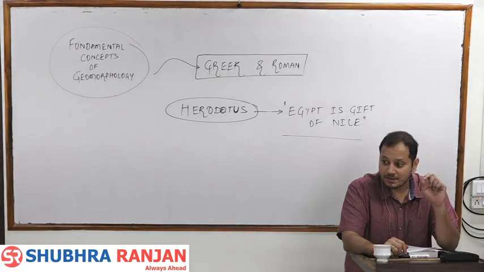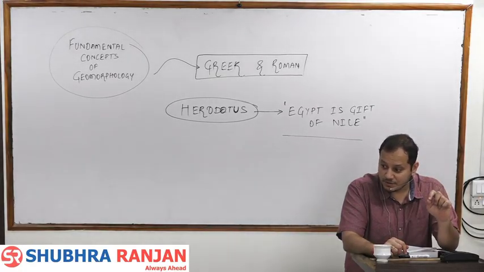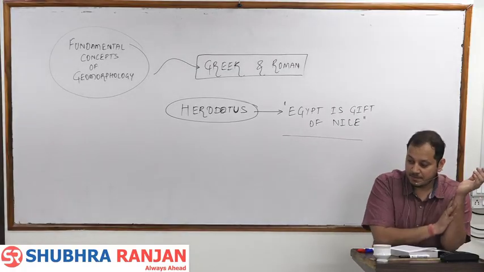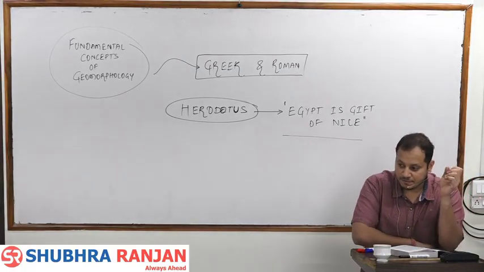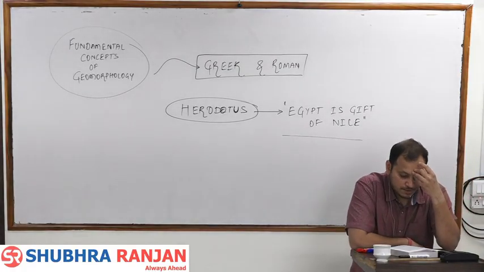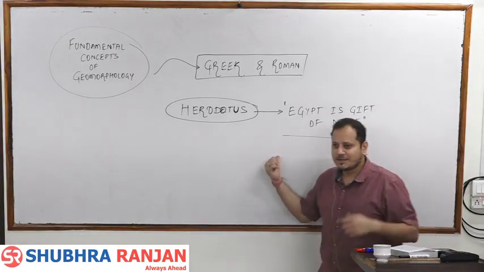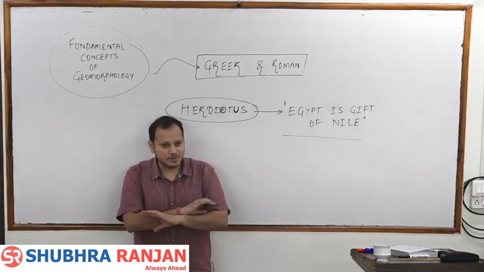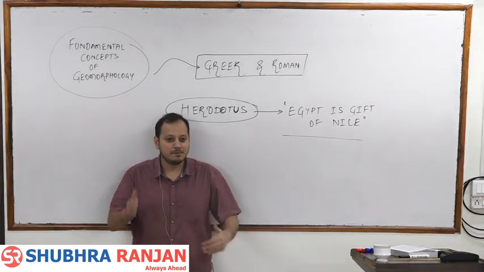Herodotus is known for his geographical statements or observations such as his statement, Egypt is a gift of Nile. How is this statement related to geography? Don't just look at the statement as it is. Break down the statement.